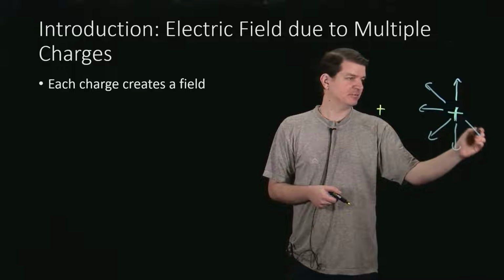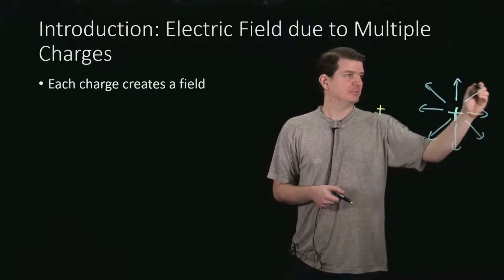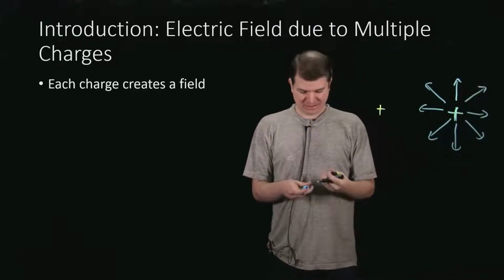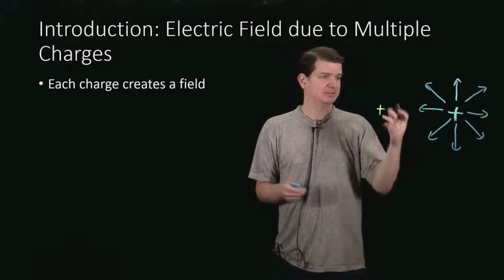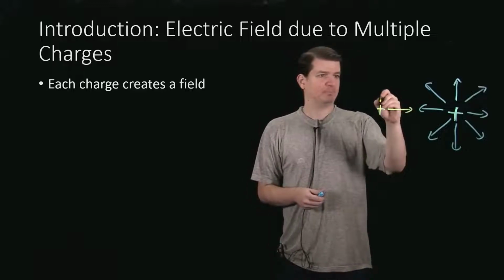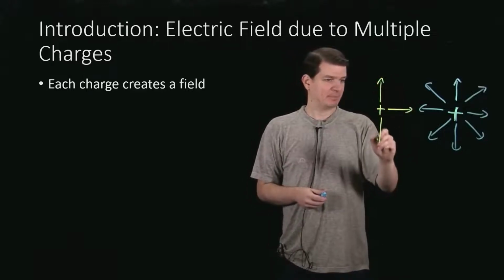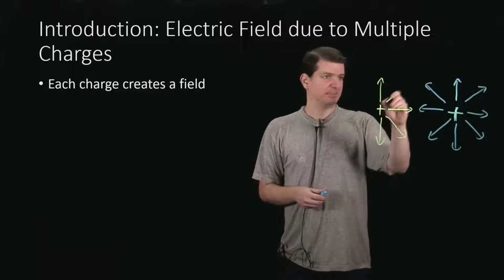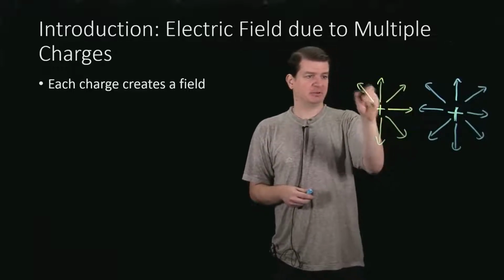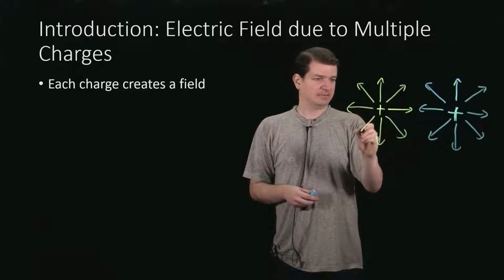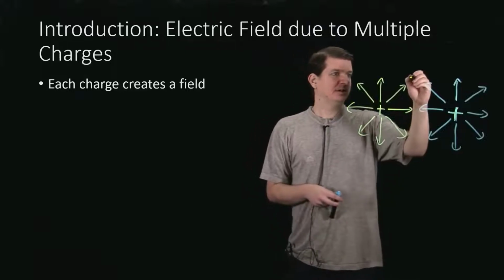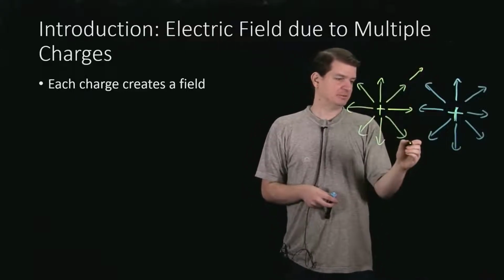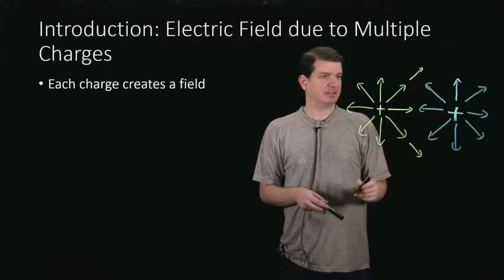in terms of its field. And of course, this other charge has a similar sort of field. They're the same size of charge, so we'll pretend they're both 1 coulomb. Then the lengths of these arrows should be the same. And then further out, they might be smaller and doing something like that.